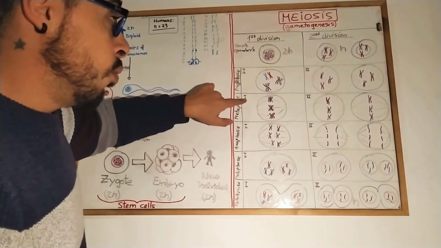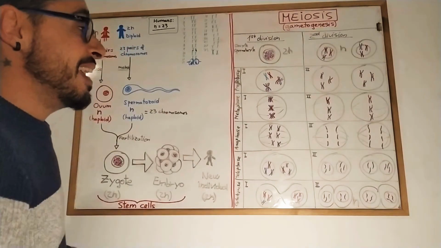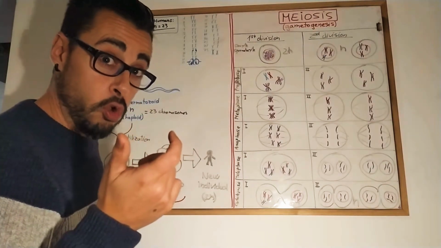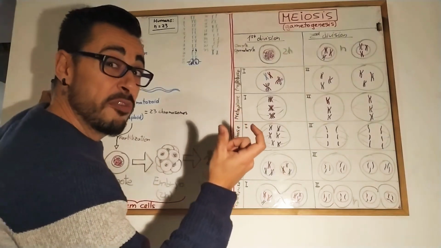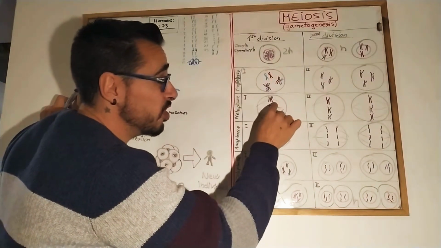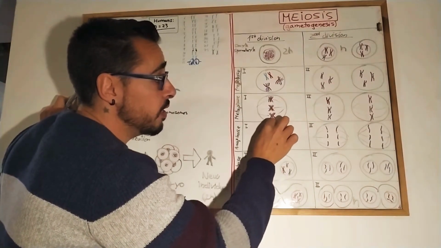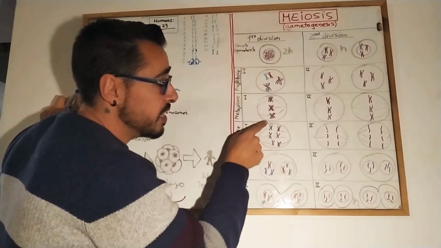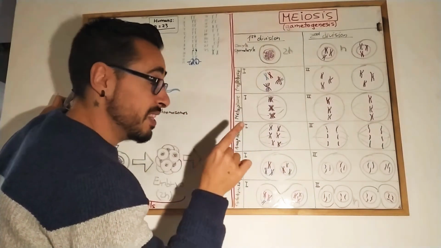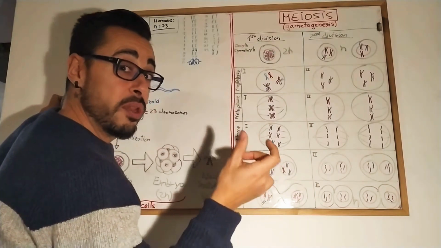In metaphase 1, the homologous chromosomes, each pair of chromosomes, is going to migrate to the equator of the cell. Here, there's another difference with mitosis.